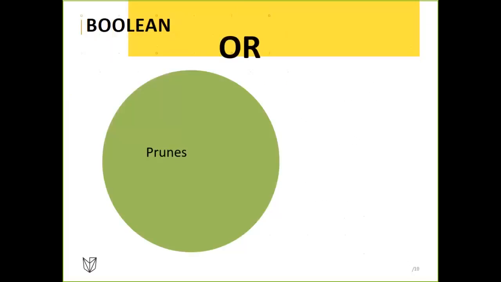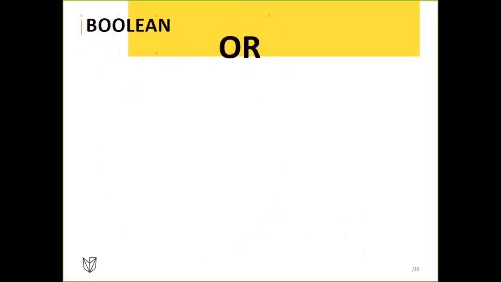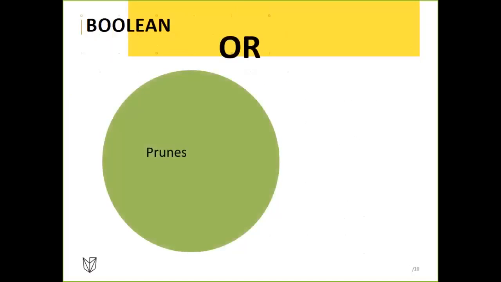A couple more quick slides on what goes on under the hood when you're looking at the library. All search engines kind of do this. They all operate on these Boolean operators: and, or, and not. I'll show you some examples really quickly when we get in there. The or is for expanding a search. Say I was interested in researching prunes.